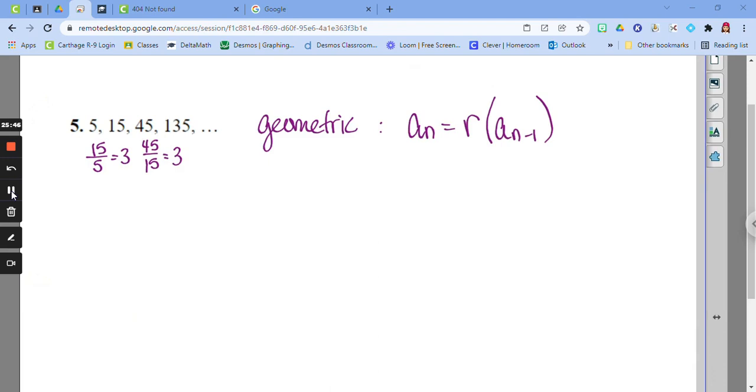So this is just giving you a formula notation for doing this. So, the first term is 5. The formula, 3 times the previous term. And that it'll allow us to find the second term and on.